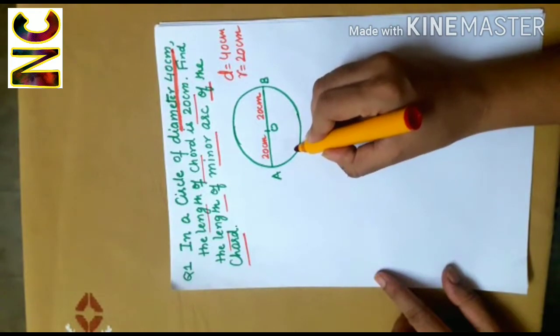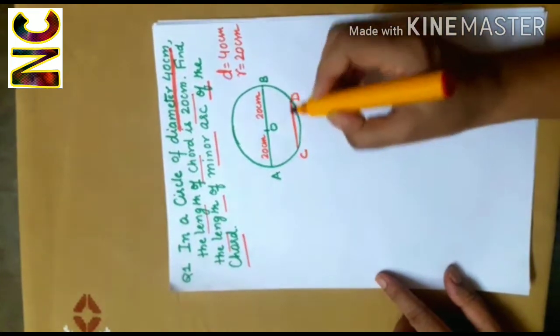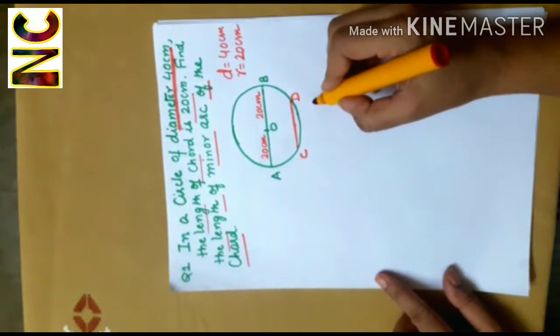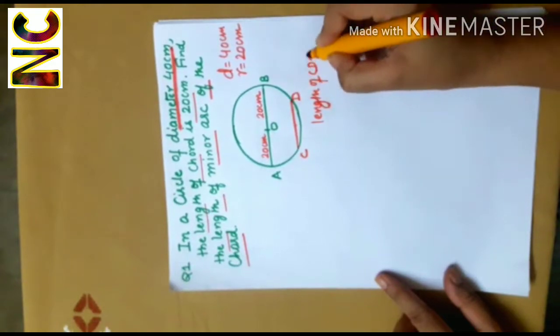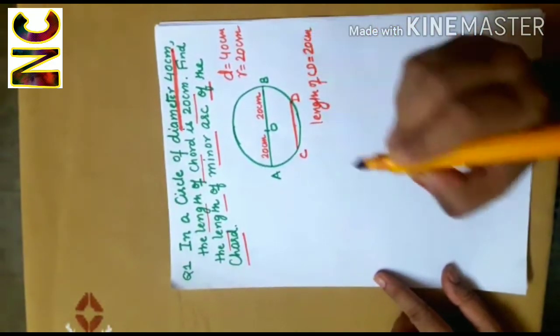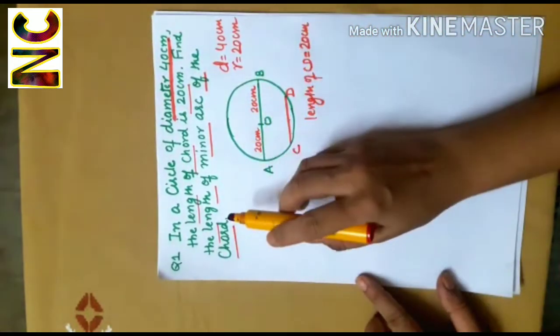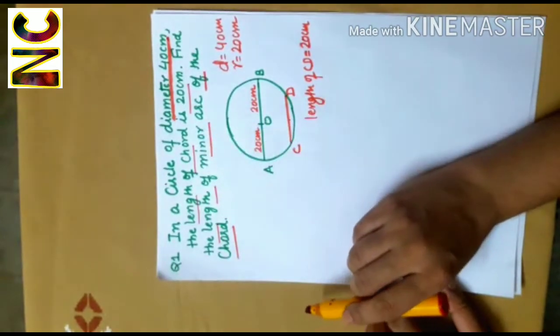So there is a chord, say CD, whose length is 20 centimeter. So the length of CD is 20 centimeter. Now we find the length of the minor arc of the chord.